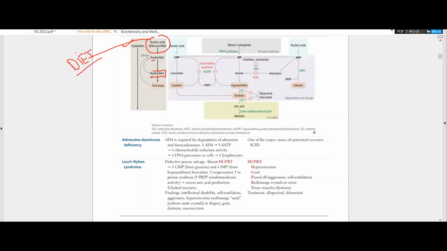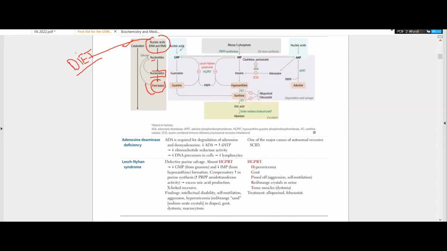A nucleoside is composed of ribose sugar and a nitrogen base, which is a free base. So what is salvage? Salvage is the synthesis of nucleotides from preformed nitrogen bases.